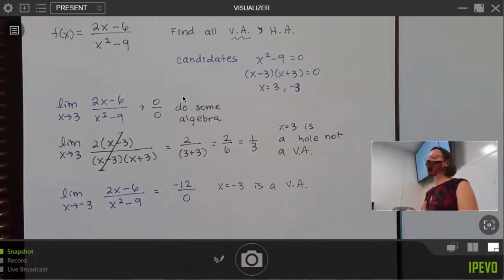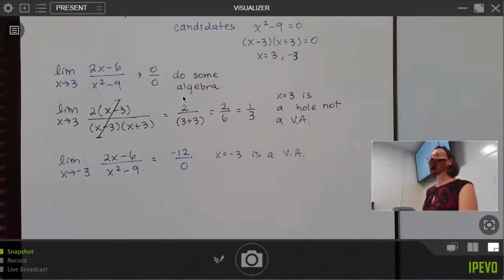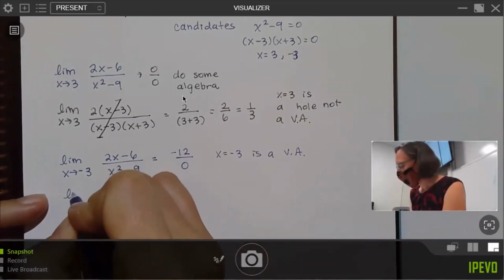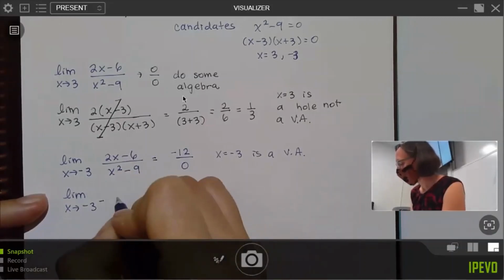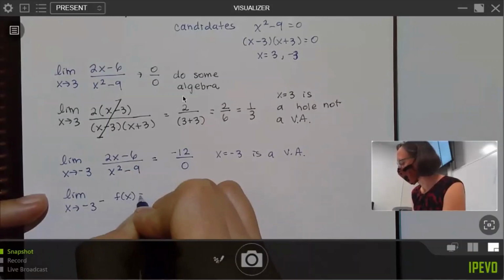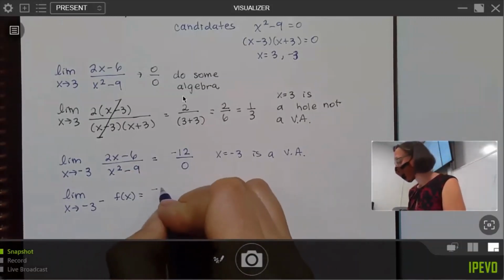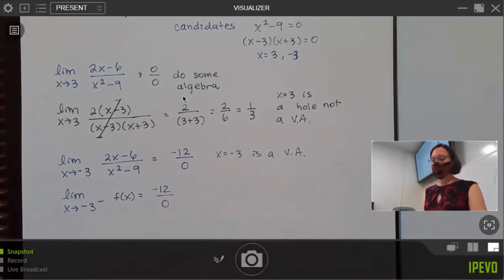Now, if we want to investigate that a little bit more and see whether we're headed to positive or negative infinity, like some of those lovely WebWork problems ask us to do, I'm going to take the limit as x approaches -3 from the left. If I approach from the left, I'm still going to get this -12 over 0. The from-the-left part I'm going to investigate to figure out whether that's a slightly positive 0 or a slightly negative 0.